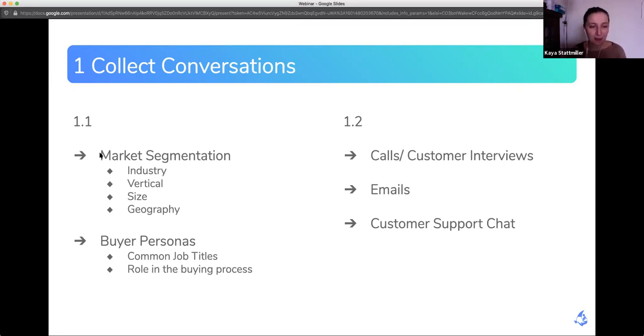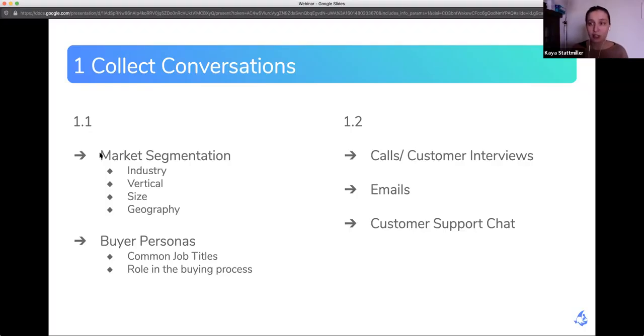In terms of the buyer persona, of course, you need to know the job titles. Segment them by job titles, mostly because you want to learn about their responsibilities and their role in the buying process.